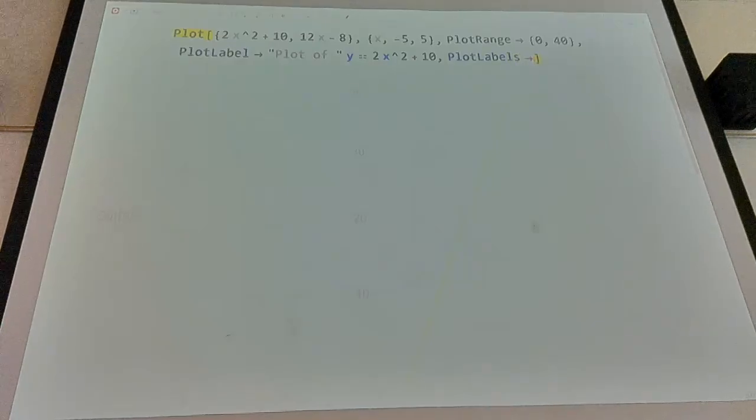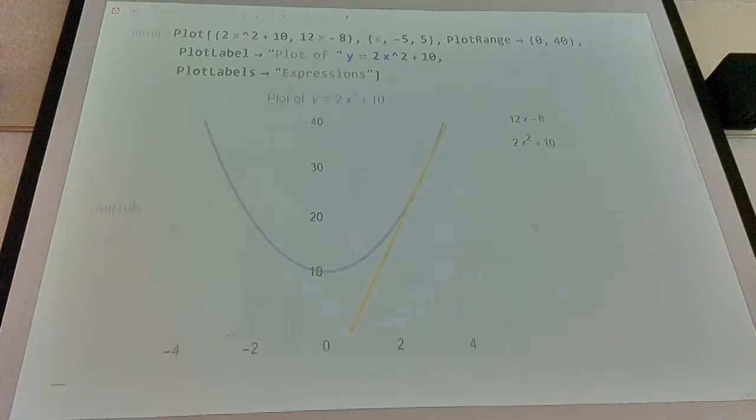If you want labels, we'll just put labels on each curve. So default would be expressions. Nothing really needed for this one. Just showing that as an option.